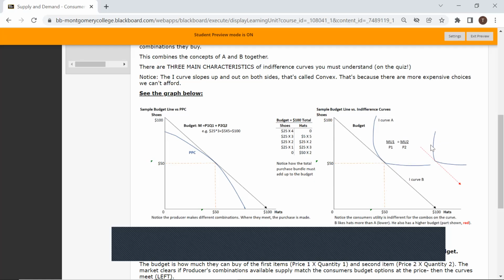This person has a higher budget, so they can afford to have their indifference curve meet the budget there, which means more of both, or at least more hats anyway. It's not much higher, so maybe just a couple more shoes, but definitely more to the right, so more hats. So this budget line means they have more money.